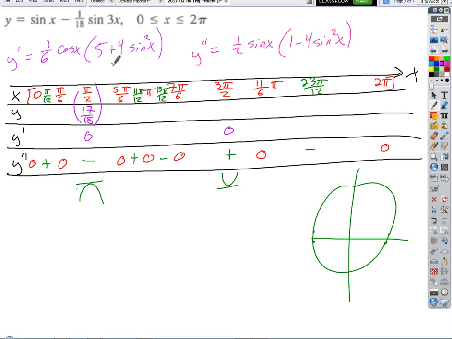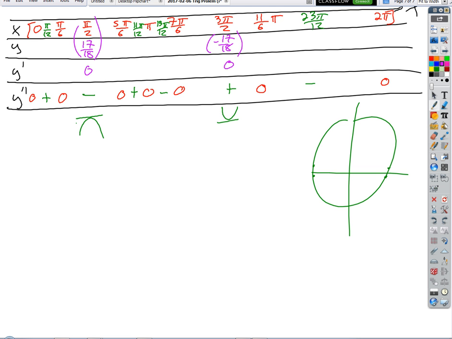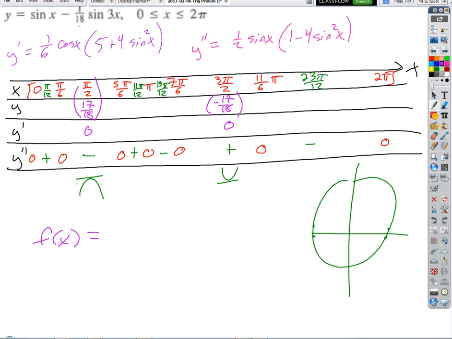Make sense? Here's something we could do to make life a little bit easier, and this is actually a pretty big deal. If f of x equals sine x minus 1/18 sine 3x, what can you tell me about the symmetry of this function?